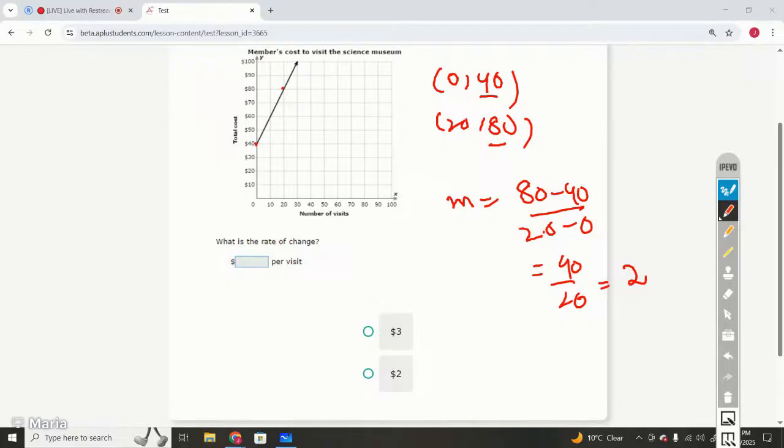We need to calculate the slope. Rate of change means you need to calculate the slope.